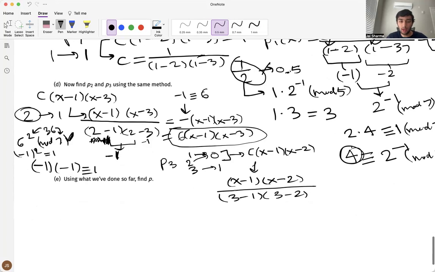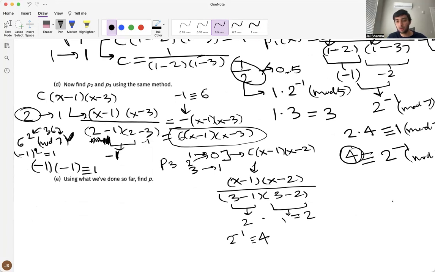Okay, so now we have x minus 1, x minus 2, 3 minus 1, 3 minus 2. This thing is 2. This thing is 1. And we multiply that out, we get 2. So we want to divide by 2, which is actually the same as multiplying by the inverse of 2. So what is the inverse of 2 mod 7?